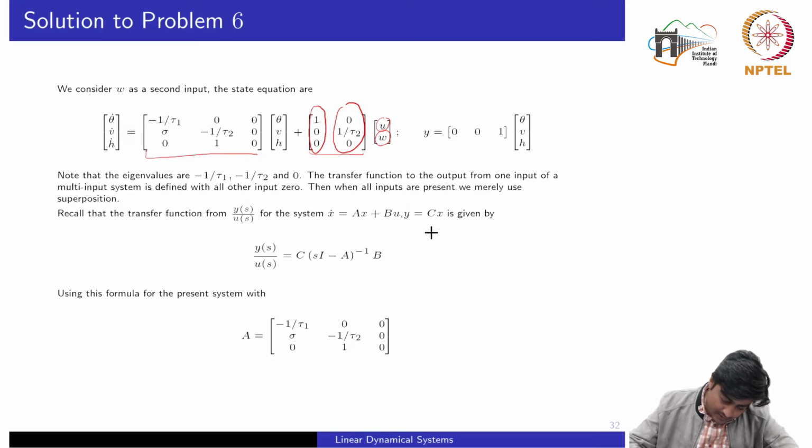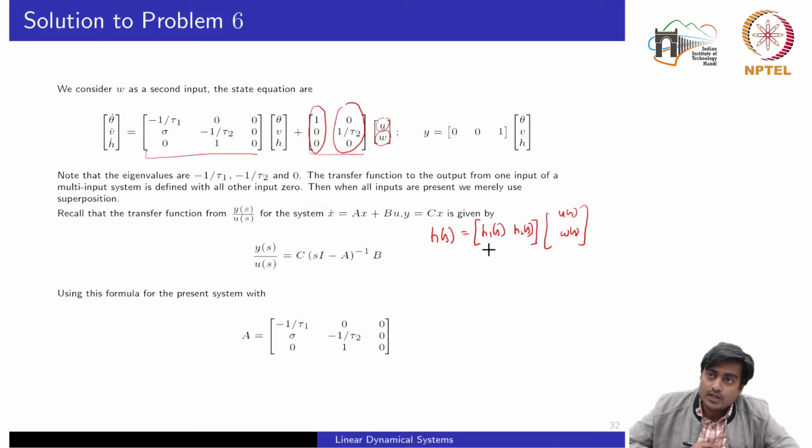First we'll compute the transfer functions, in the sense that we would have H of s. If we are considering two inputs, it would be a vector of U of s and W of s. Let's call it H1 of s and this is H2 of s.